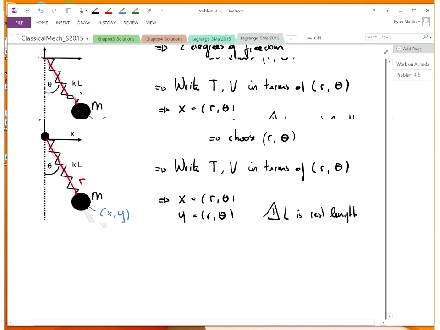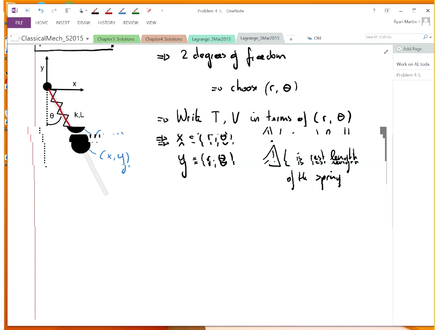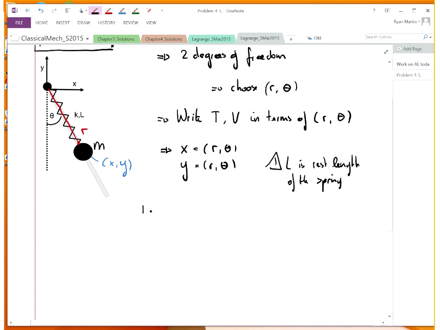Okay? So it's always easier to write the kinetic energy in the Cartesian coordinates, right? So we have half m times x dot squared plus y dot squared. So let's look at x in terms of r and theta. So r just takes the role that L had in the previous example.